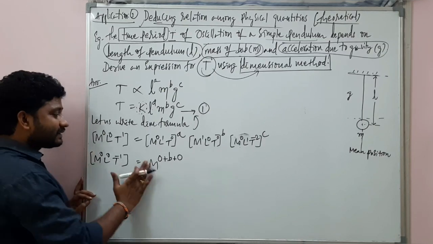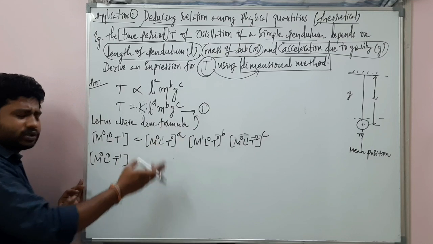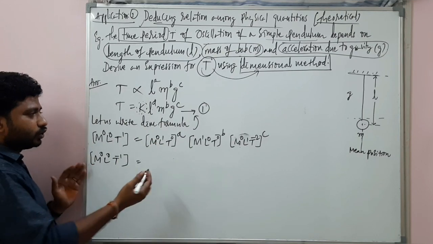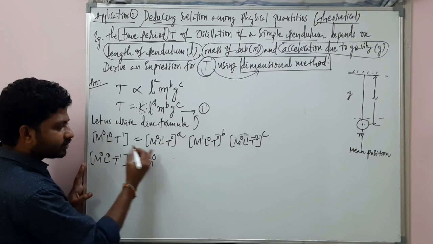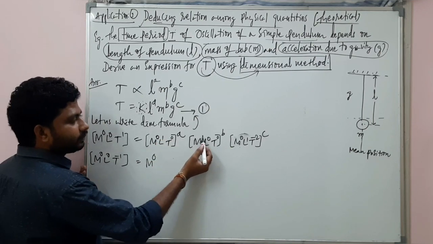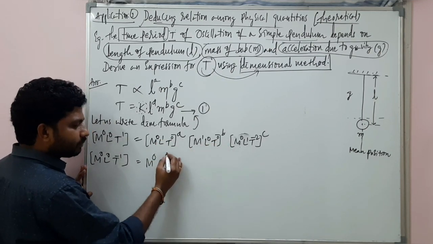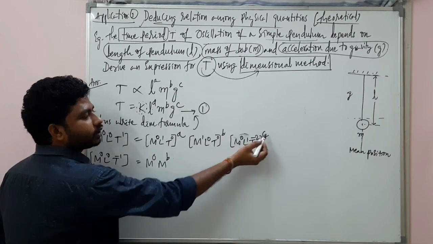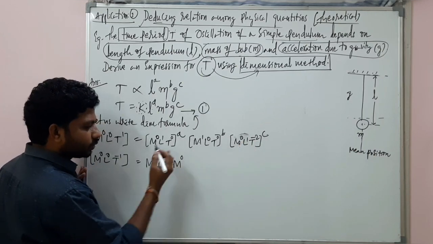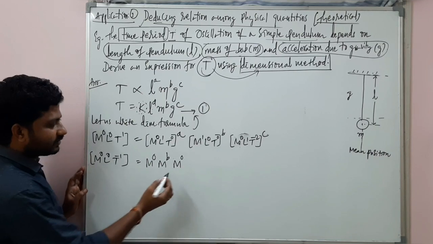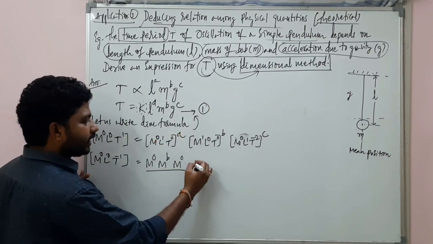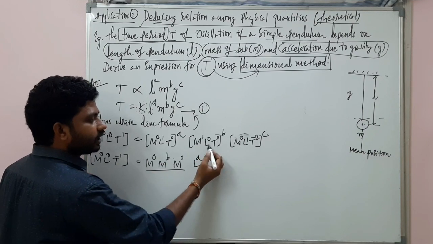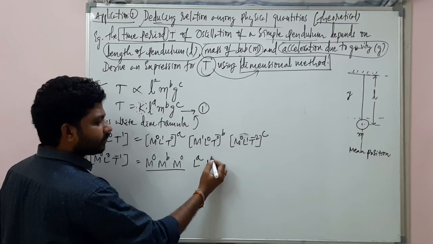For your better understanding, let me add one more step as it is the first numerical for you. Do not get confused. M to the power 0 into A is 0. M to the power 1 into B is M to the power B. M to the power 0 into C is M to the power 0. All M dimensions are done. L to the power 1 into A is L to the power A. L to the power 0 into B is L to the power 0.